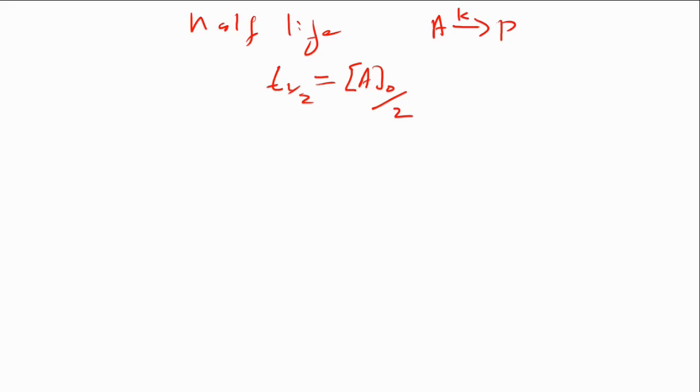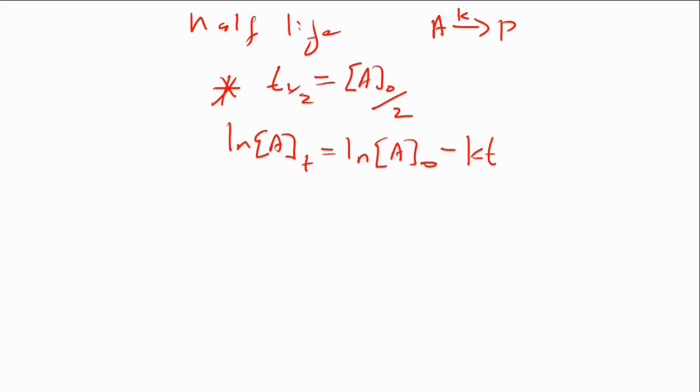So this is the definition of half-life. Now, let us remind ourselves of the integrated rate expression for first order reactions. Here it is. ln A t equals ln A naught minus kt. Okay?